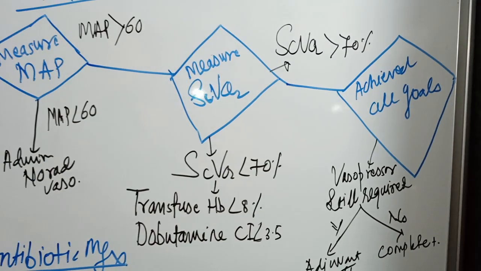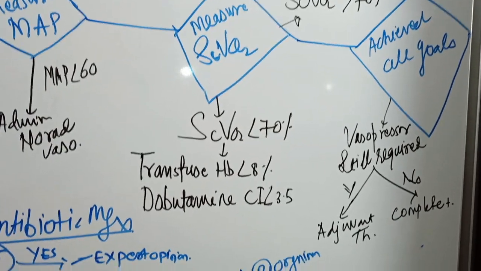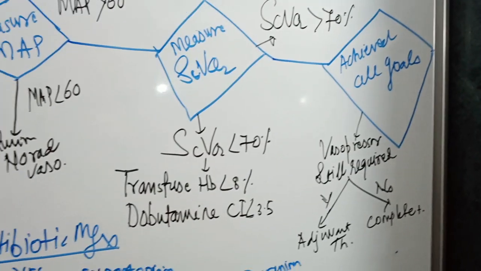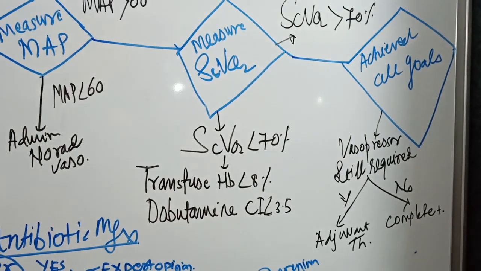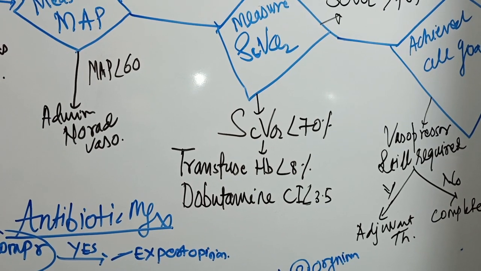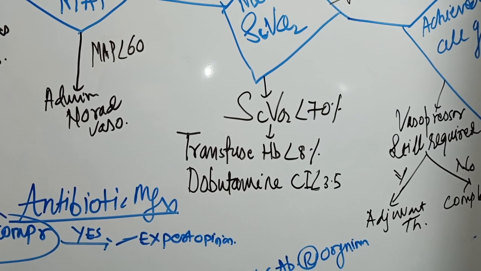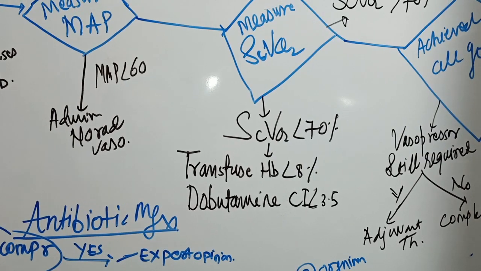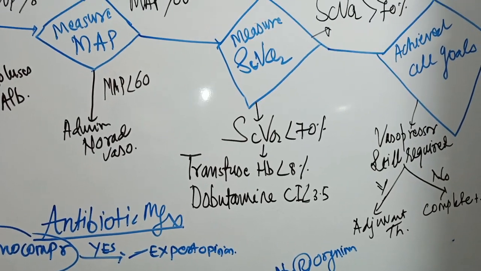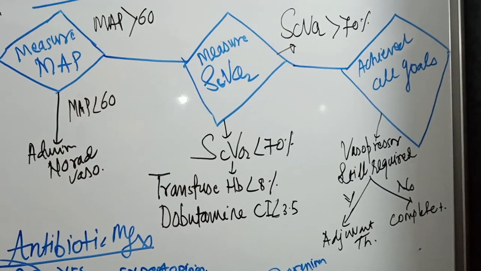If central venous oxygen saturation is less than 70%, we will look for hemoglobin, and if Hb is less than 8, we will give blood transfusion. If cardiac index is less than 3.5, we will apply dobutamine.